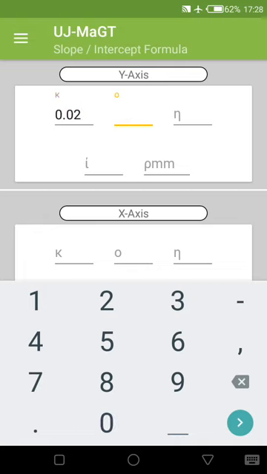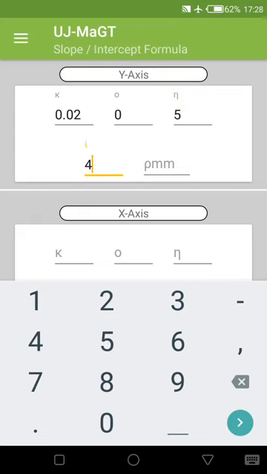Origin: when you are determining A and B, the origin you use will be 0. Don't use the origin that you used in your plotting. Like in this case, our origin was 0.22. However, in determining A and B, we use origin as 0. Eta is 5. Our I was 4.